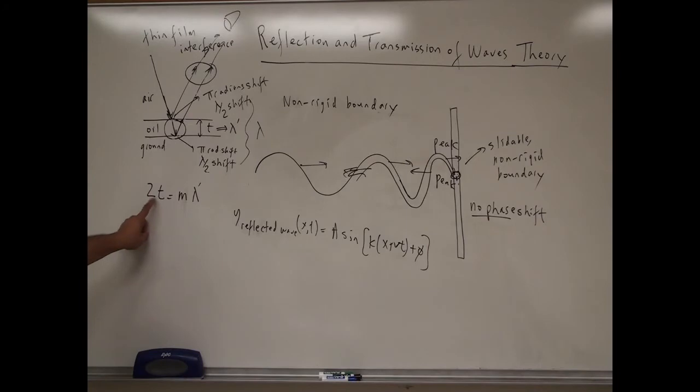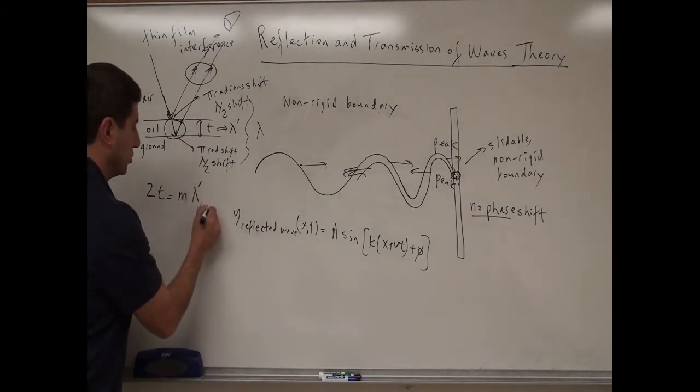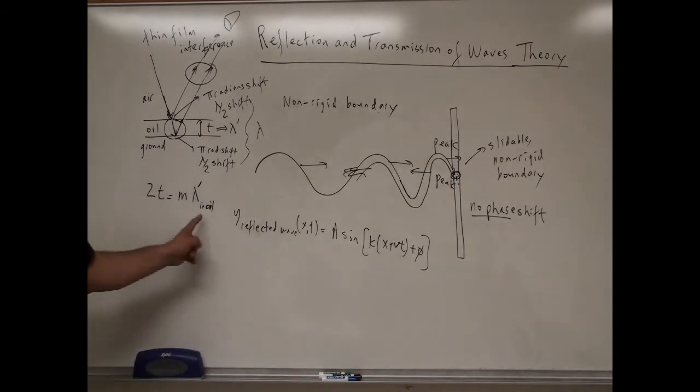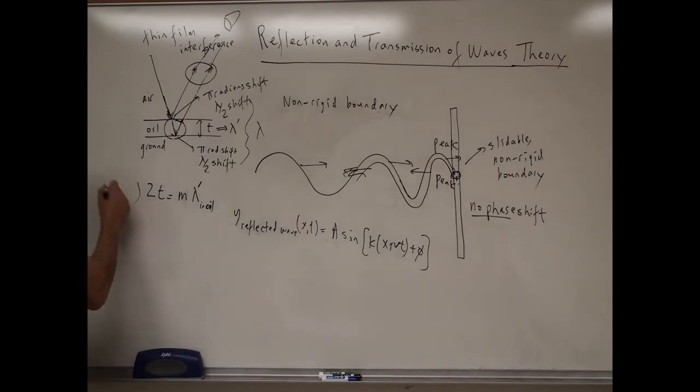So we say twice the thickness of the oil, if that's equal to an integer multiple of the wavelength of the wave in the oil, then these two waves will constructively interfere. This will give you constructive interference.